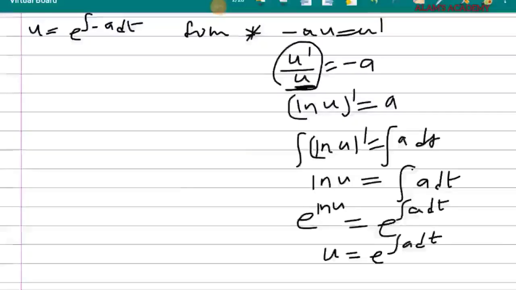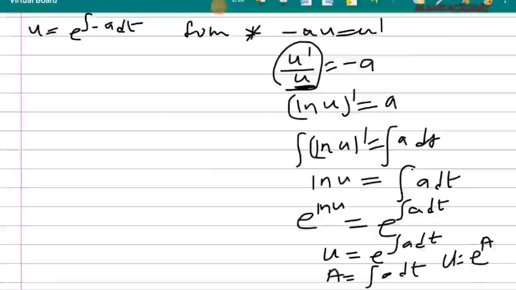But then we know that A is equal to integral of a dt. So therefore u will be equal to e exponent A. Now with that concept we can carry on.